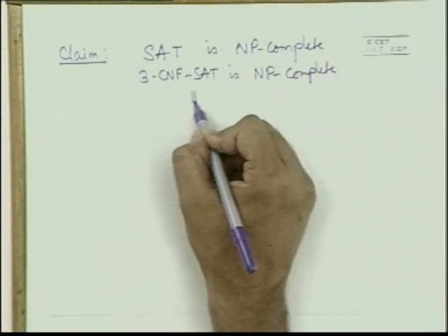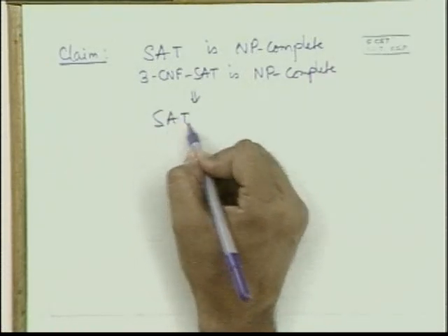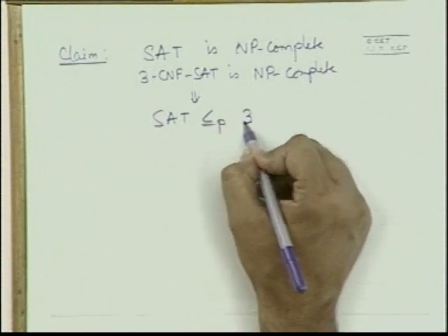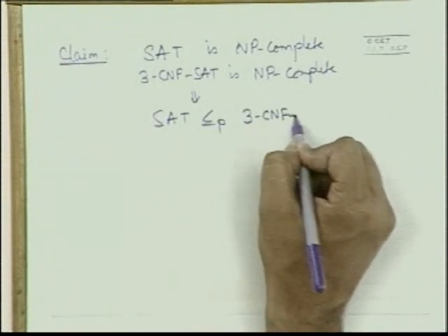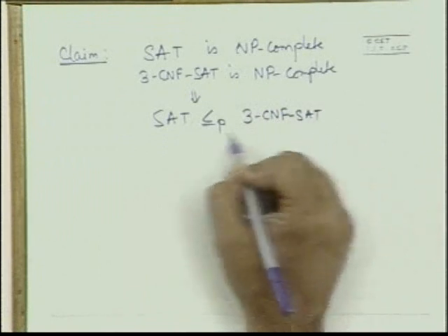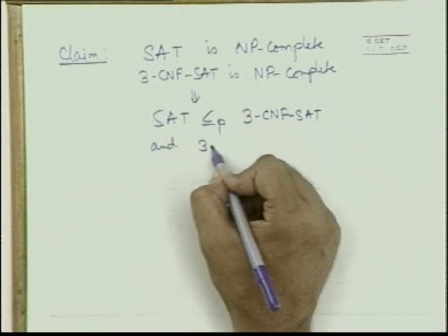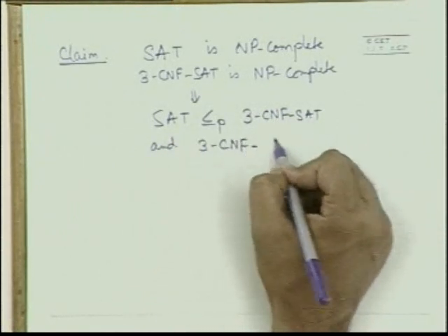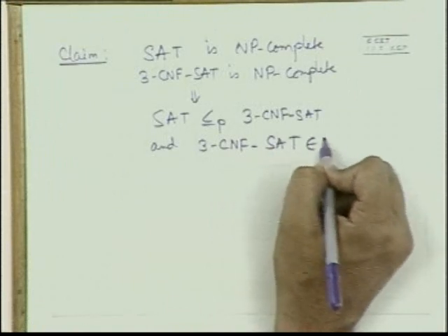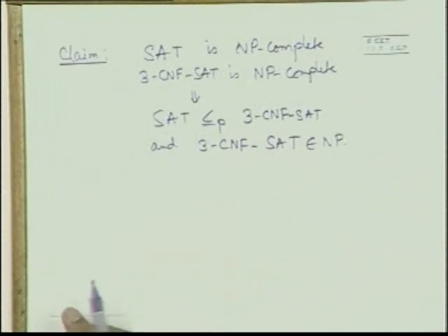Why? Because SAT can be reduced in polynomial time to 3CNF SAT, and 3CNF SAT is in NP. Because of these two reasons, 3CNF SAT is also NP complete.